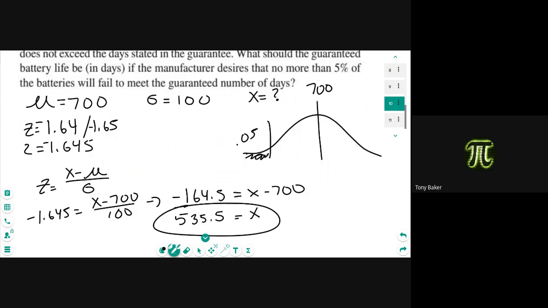You added. You should have subtracted. You found the other direction. Because my z is a negative 1.645. So when I multiply by the 100, I get negative 164.5. Add the 700 to it. So it's 535.5.